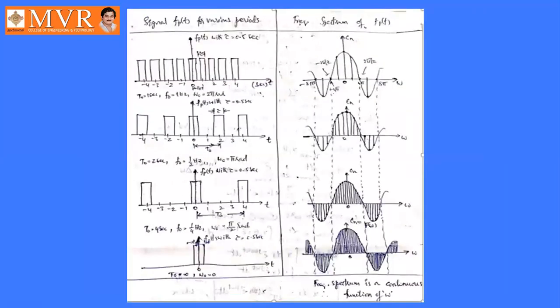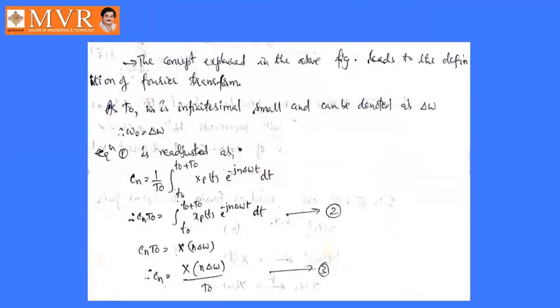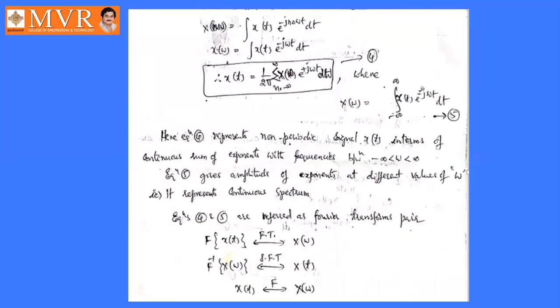Okay. After that, we will see the relation with T naught. As T naught becomes larger and larger, f naught becomes smaller and smaller, and omega naught becomes smaller and smaller, so that we will get a denser frequency spectrum as we increase T naught. So here we explained the relation between x of t and x of omega.